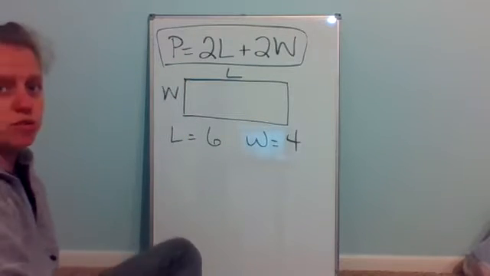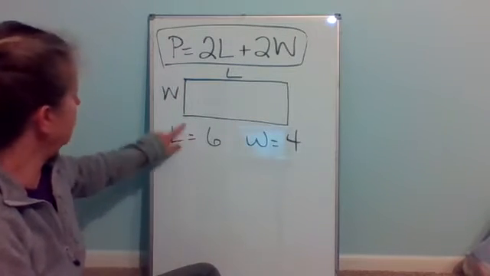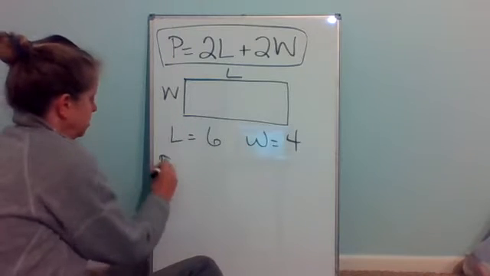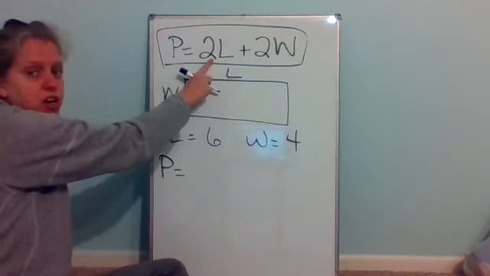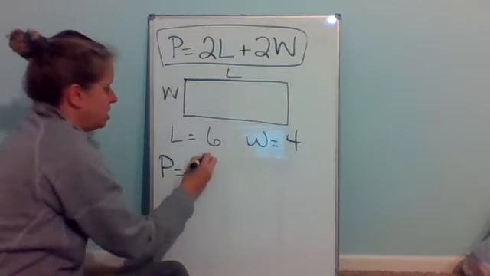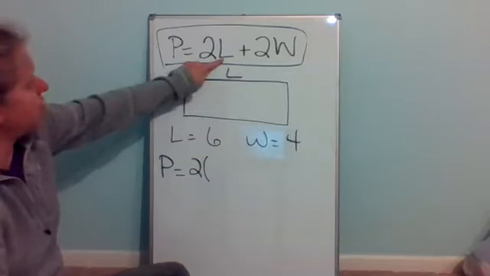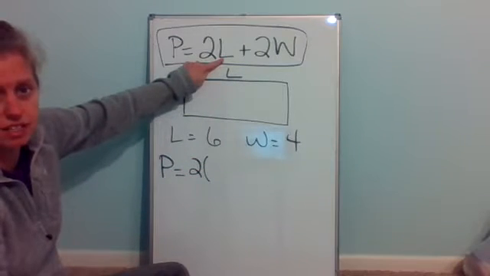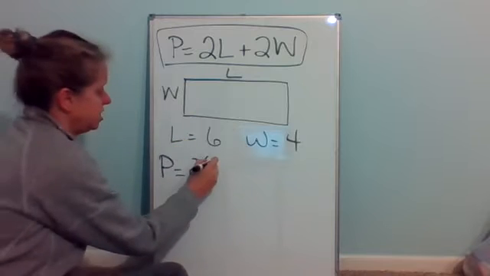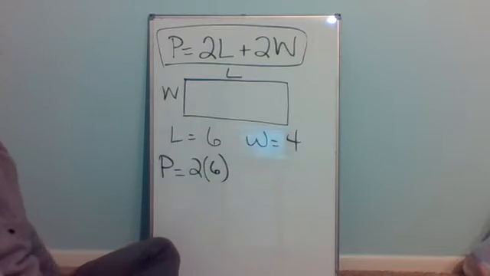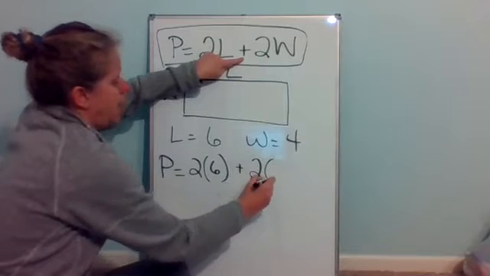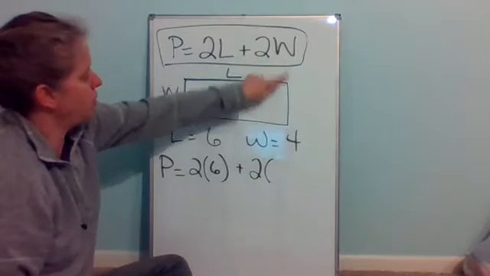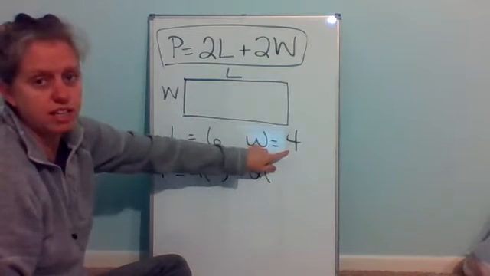So I will have perimeter equals, this 2 is always there, it's part of your formula, 2 times whatever your length is, and the length is 6, plus 2 times whatever your width is, and your width is 4.